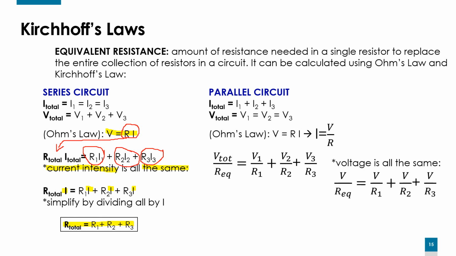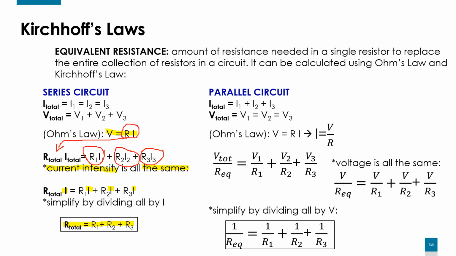Because the voltage is all the same, I'm going to replace all the V's by just V, and simplify by dividing by V. I'm not going to do all the math, okay? But if I divide all by V, I get 1 over equivalent resistance equals 1 over resistance 1 plus 1 over resistance 2 plus 1 over resistance 3. So this is the equivalent resistance for a parallel circuit.